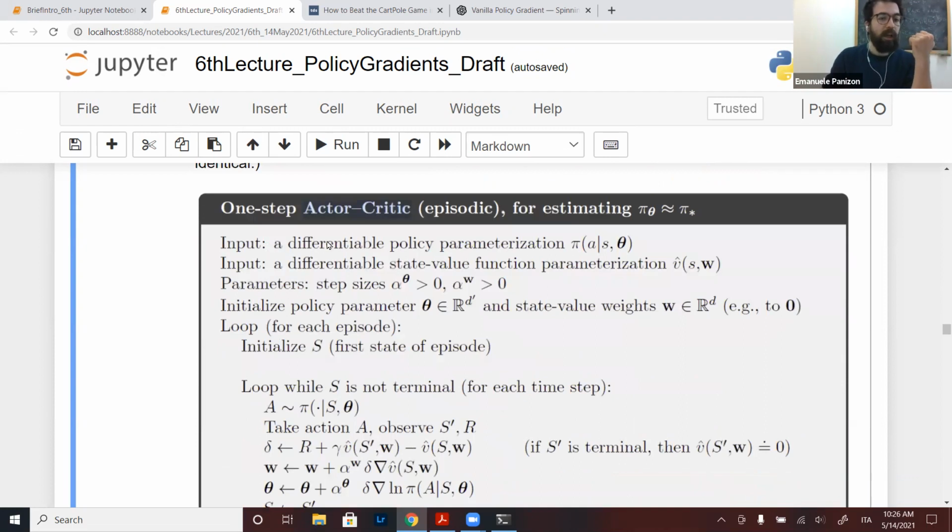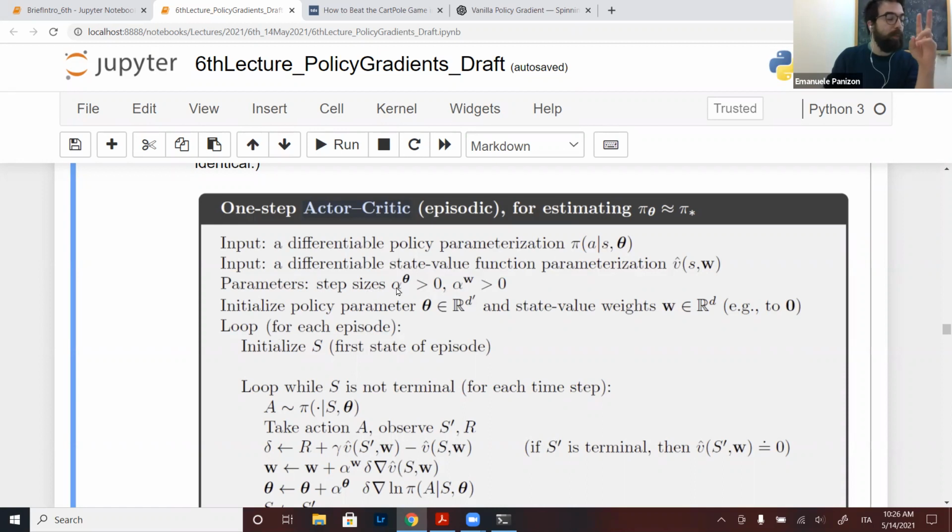Again, I need a differentiable policy parameterization, which in our case is softmax. So given the data, I know how to construct a policy. And a differentiable state value function approximation V, which in our case is this tabular way to go from an aggregated state to its value.